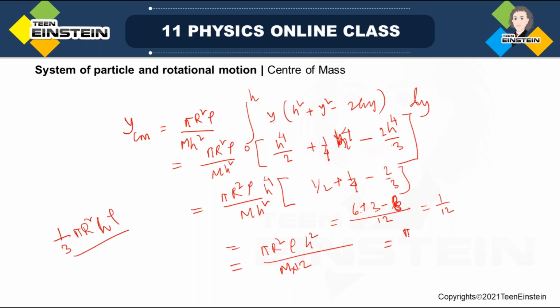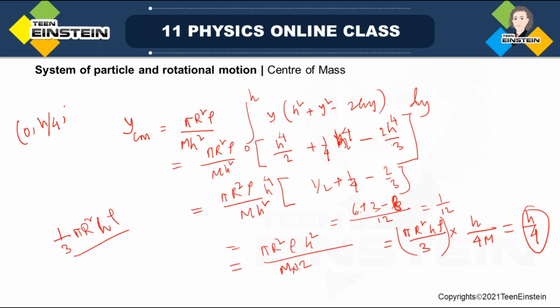Let me write pi r square h rho by 3, and here we'll get h by 4m. This is also the mass of the whole cone, so they will cancel each other, and we get h by 4. So what is the center of mass coordinate for a cone then? X coordinate is 0, y coordinate is h by 4, and z coordinate is also 0 by symmetry.